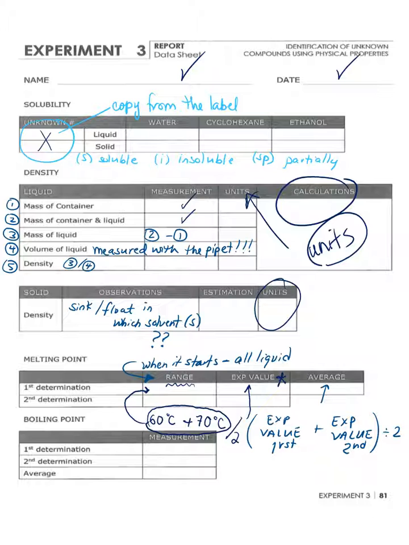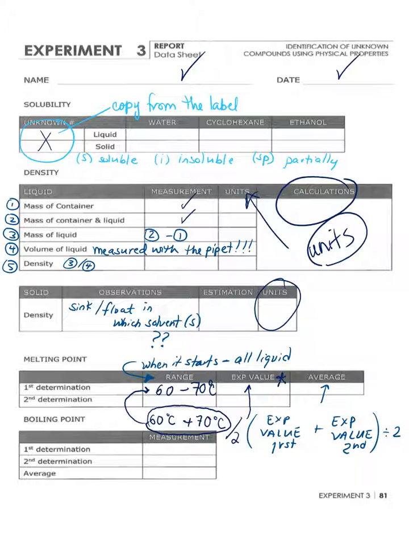Okay? So your range is when it starts melting until it melts entirely. The experimental value is the average of those two measurements, the ones that you have in the range. So you have to do this twice. You have one range for your first determination, and a second range for the second determination. Experimental value, you will get two again.